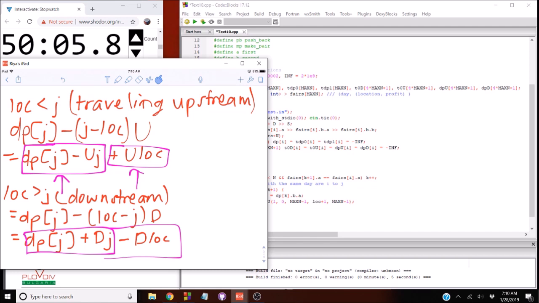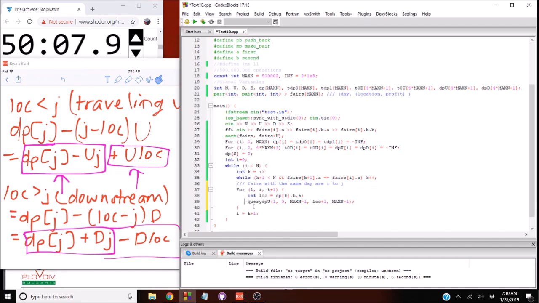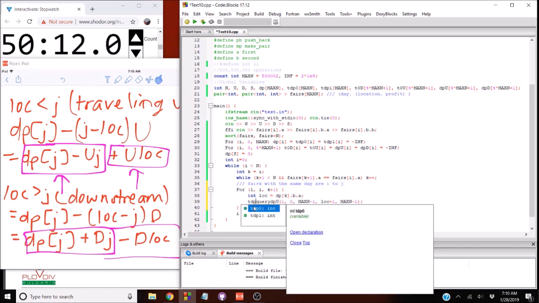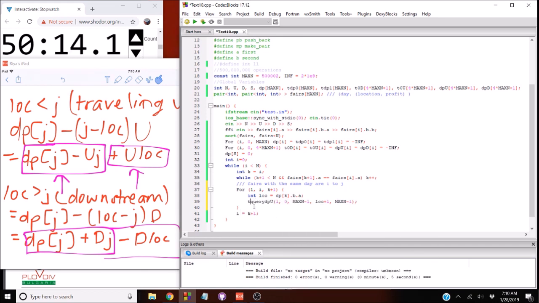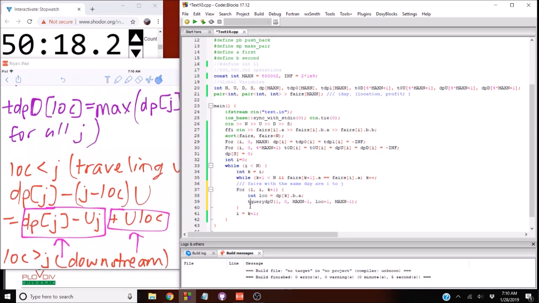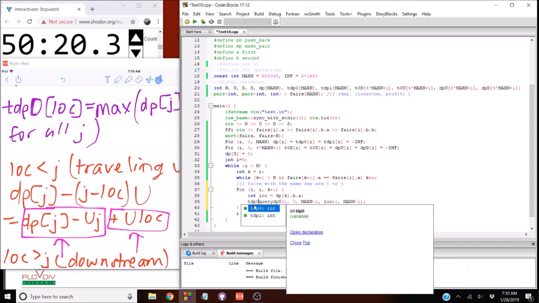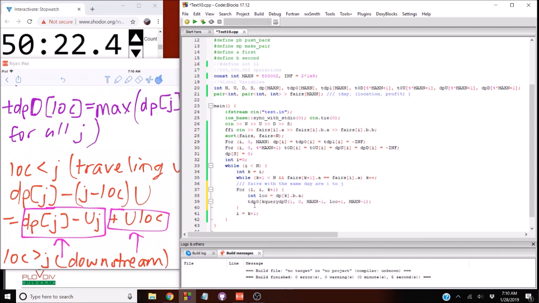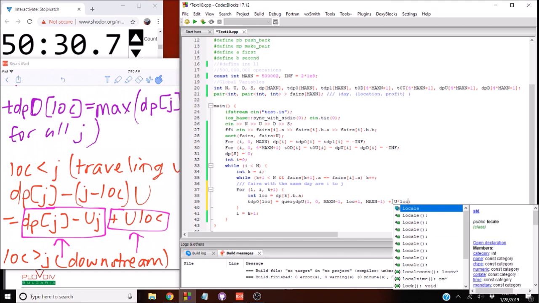So now we say that TDP, I think it's TDP lock. Yeah, TDP 0 lock equals, this is the max value it could be, plus U times lock.